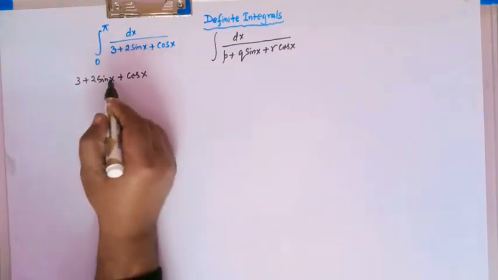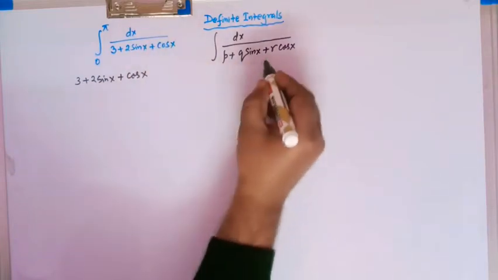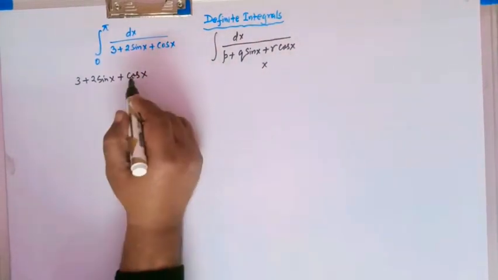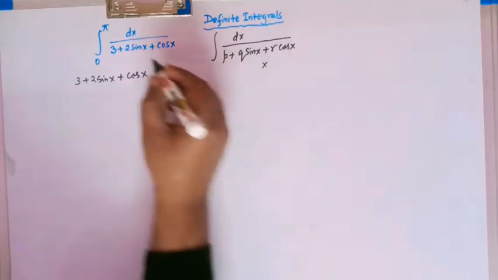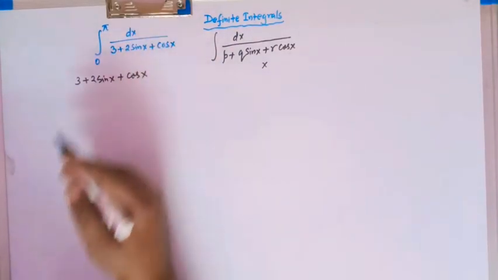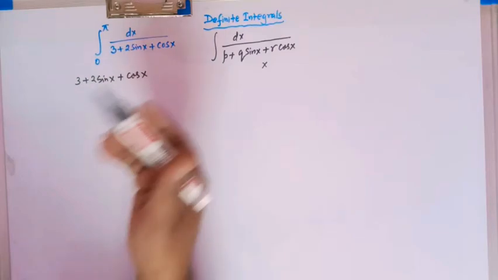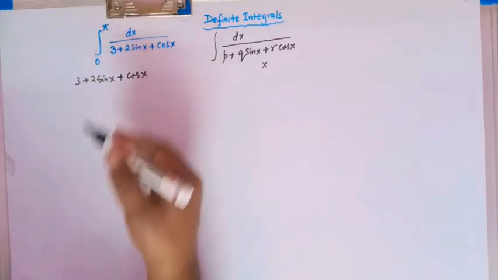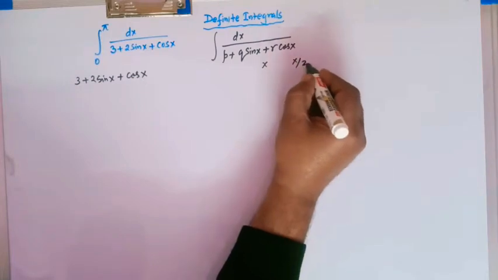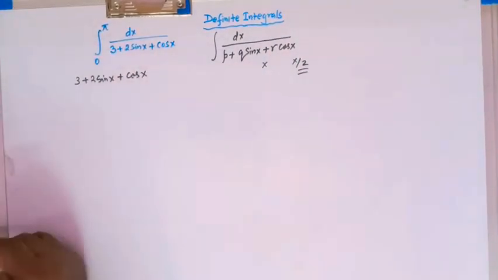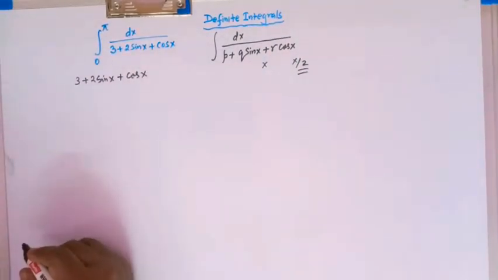Here the angle is given as x, so we'll use some trigonometric identities to convert this integrand in terms of trigonometric functions having angle x over 2, and let us see how we can do this.